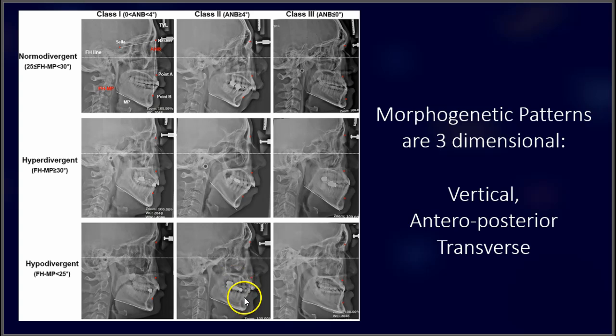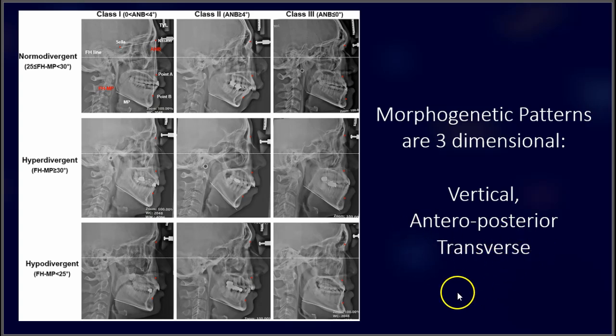So class 1, class 2, class 3, you can do just about anything on these cases. They behave pretty well. So I would try to stay in the normal divergent to hypodivergent cases if at all possible.